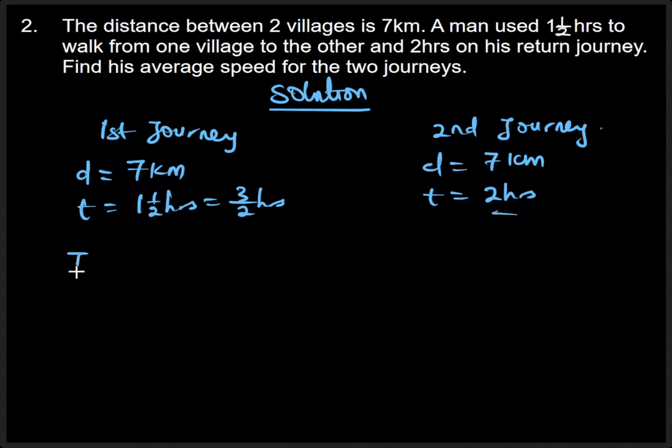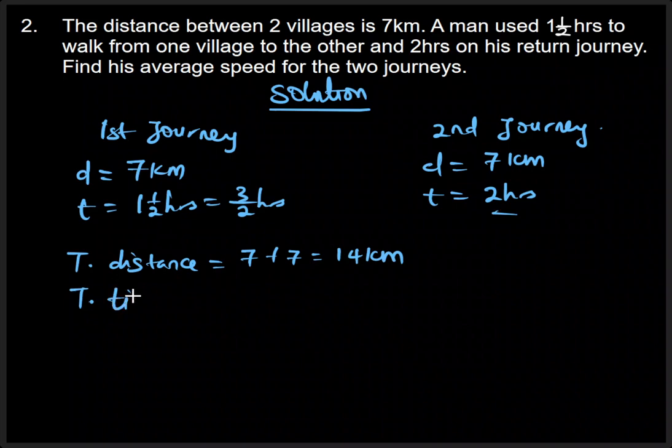So let's see our total distance. Our total distance for journey one and journey two will be 7 kilometers plus 7 kilometers, which gives us 14 kilometers. And then our total time for the two journeys will be 3/2 hours plus 2 hours.